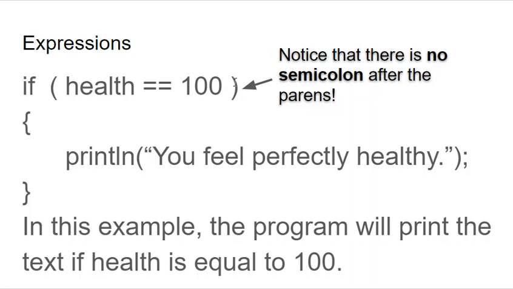And if there's a semicolon there, that gets treated like an empty group of statements. So that would end up being, if health is equal to 100, do nothing, and then always do the stuff in the curly braces. So the moral of the story is don't put a semicolon after an if statement or a while statement. We'll talk about while loops later in a different video.